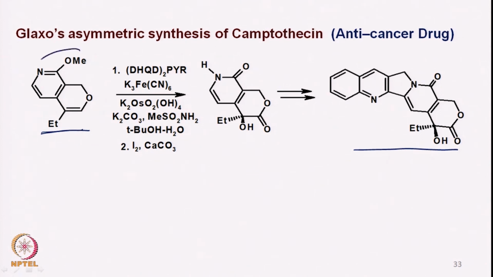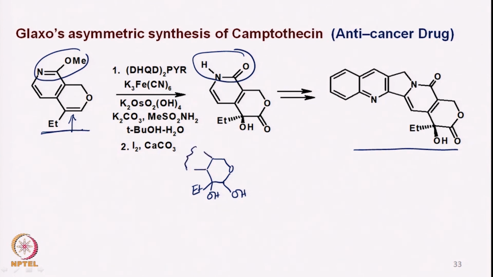This part has to be hydrolyzed of course to go to this particular amide, and the double bond was dihydroxylated, and as we can see from here, if we have dihydroxylation taking place here, then we can get this part. I am not writing it.